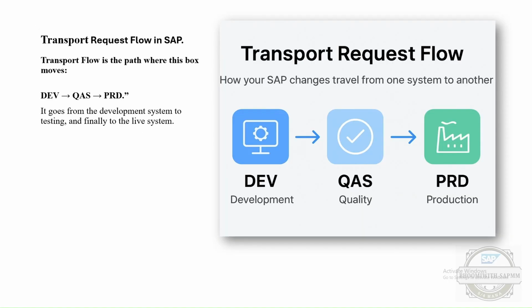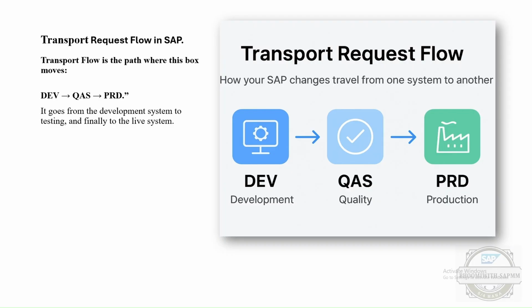Transport request flow: development, quality, and then production. It goes from the development system to testing and finally to the live system. The first box is development.